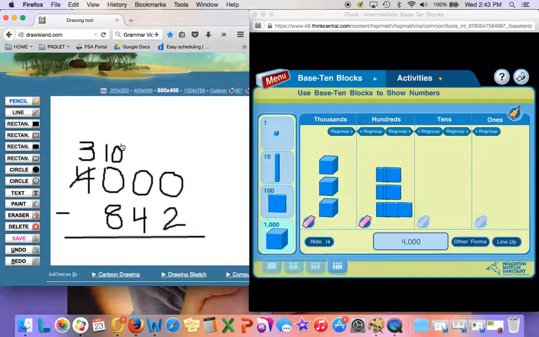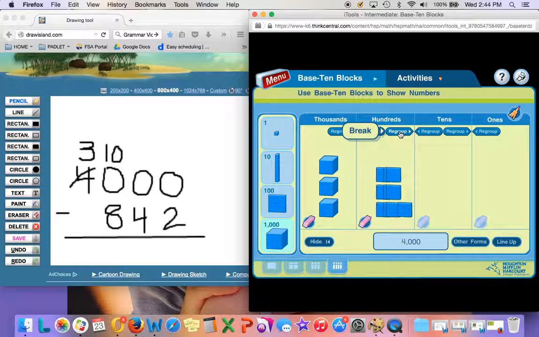I need to get some of those hundreds over to the ones. But before I can get them over to the ones, I have to start with the tens. So I'm going to take one of those 10 hundreds and I'm going to regroup it into tens. If I take 100 and I break it apart into tens, how many tens do I have? 10 tens are in 100.